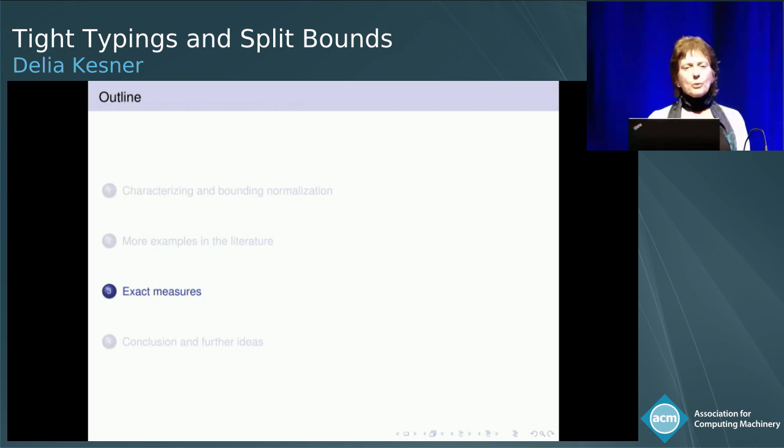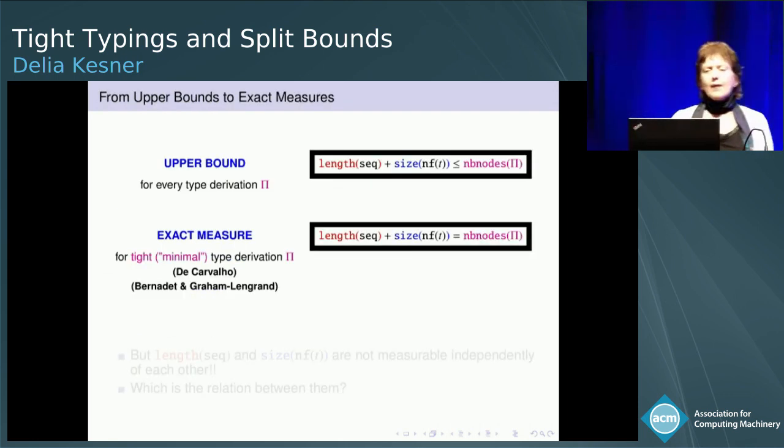And so now we will try to be more precise and to improve these upper bounds. And the idea is quite simple. If you want to obtain from an upper bound an exact bound, when you inspect your typing derivations, you need to take a tight one.